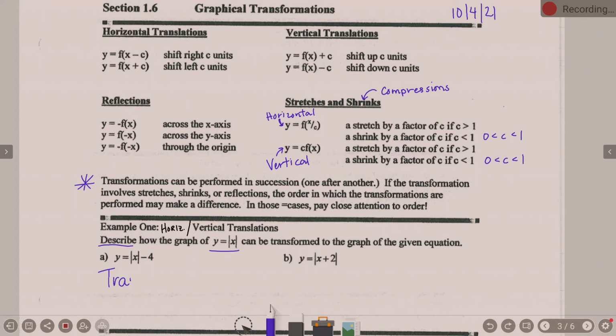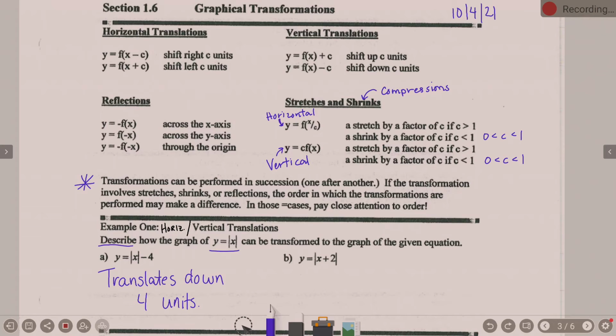So, translates down 4 units. Do me a favor, don't just say down 4. Give me a verb in there, right? I'm not going to be mean enough to say you have to use a complete sentence, but give me a verb at least.